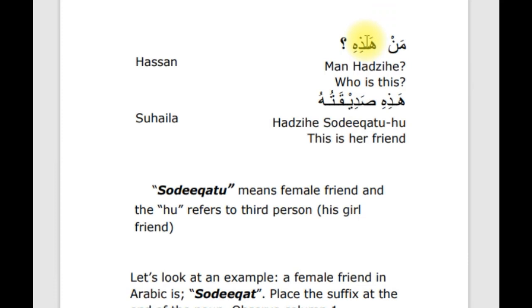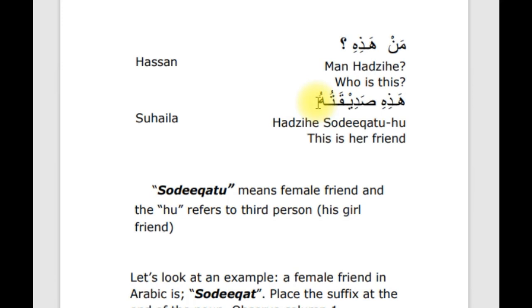Let's observe the feminine gender form. Man hazihi? Who is this? Hazihi refers to a female gender form. So reply, hazihi sadiqatu. If I want to make sadiq a feminine noun, I need to put a ta here: sadiqatu.